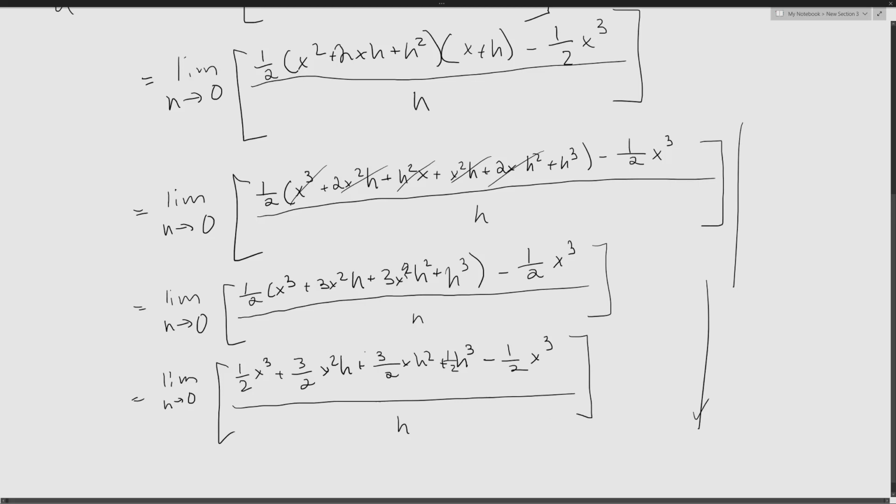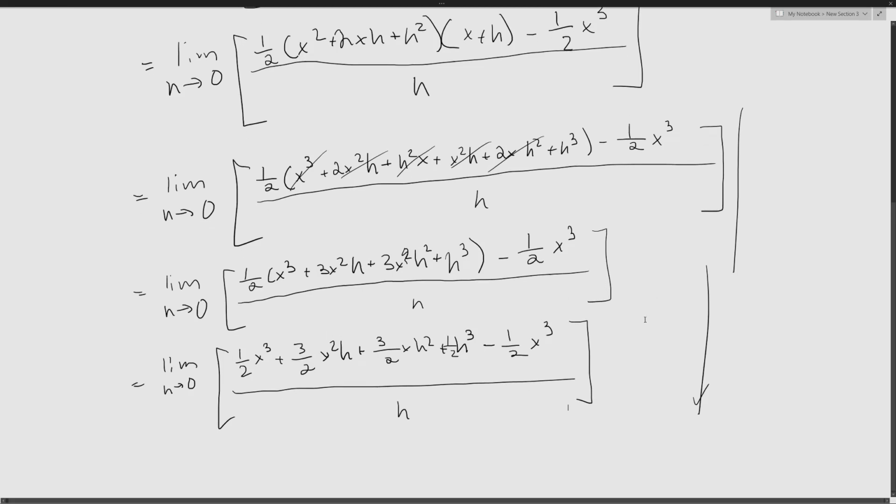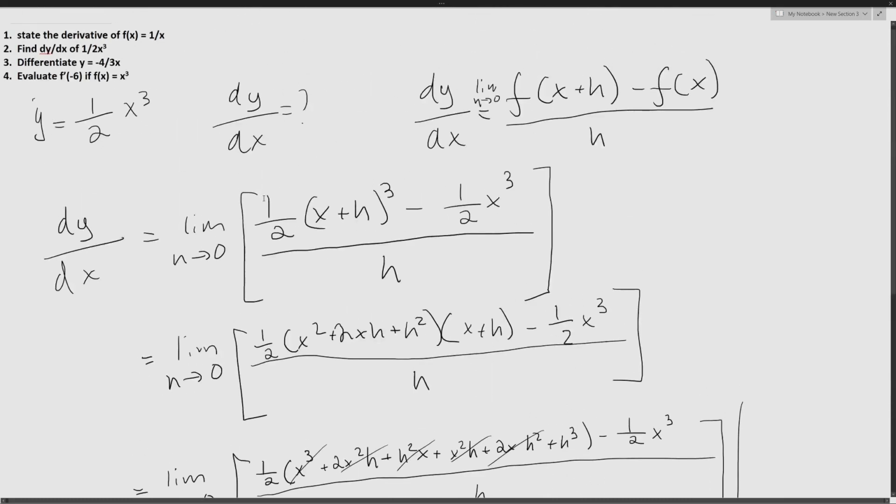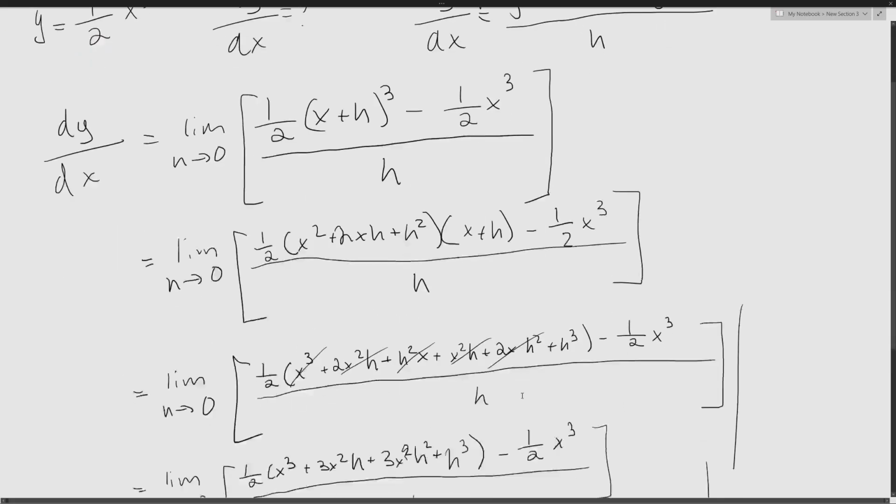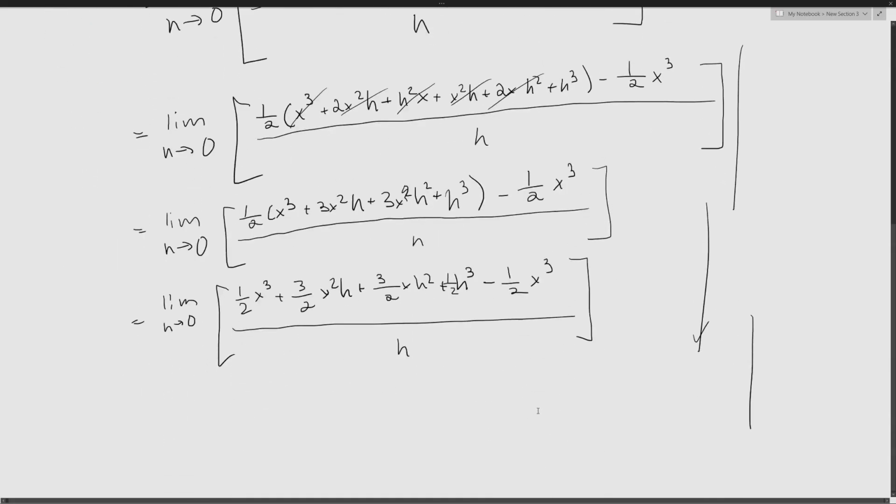The first and last terms should cancel out because this was 1 over 2 x cubed minus 1 over 2 x cubed, right? So even if we opened the brackets, x cubed would be our very first term, like we had here. And so those two should cancel out all the time.